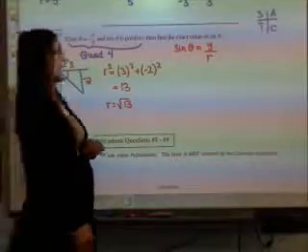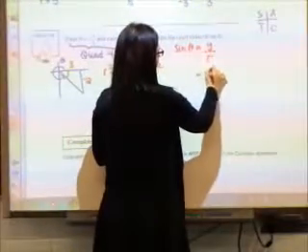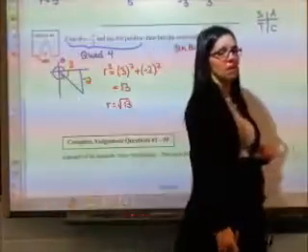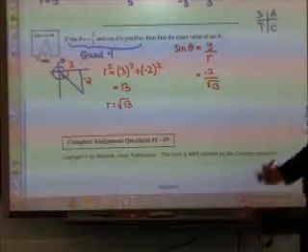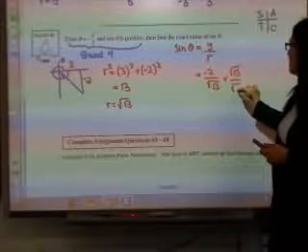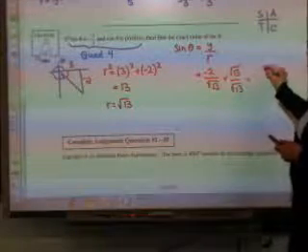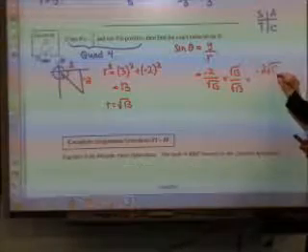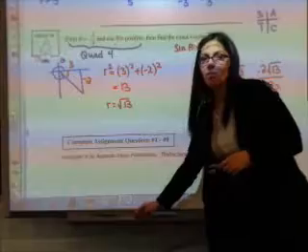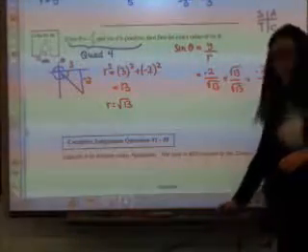So sine theta would become negative 2 over root 13. And then if I rationalize that denominator again, multiply the top and the bottom by root 13, I will get negative 2 root 13 over 13. That's the exact value of sine theta.